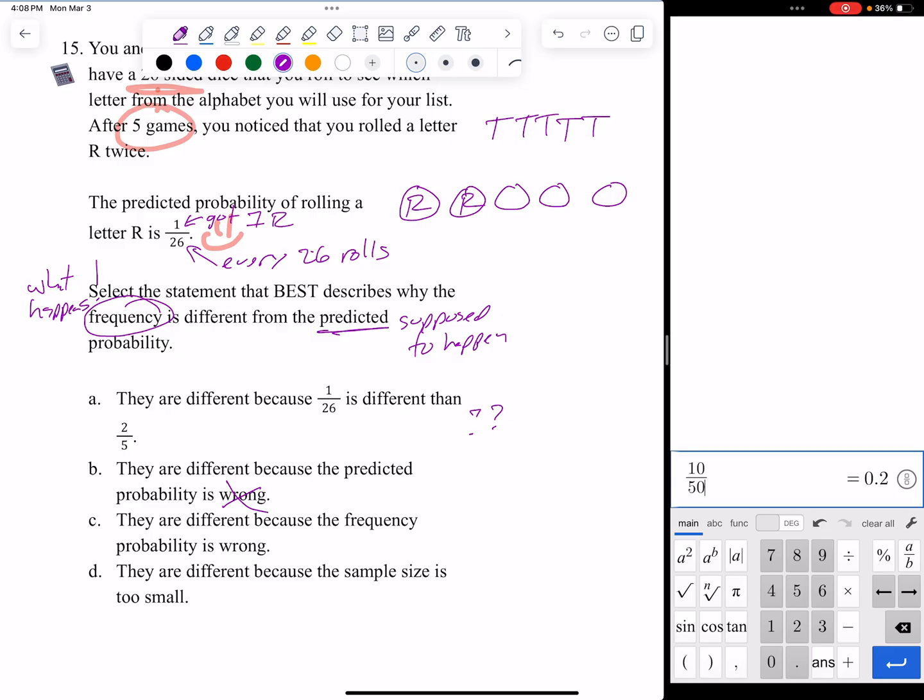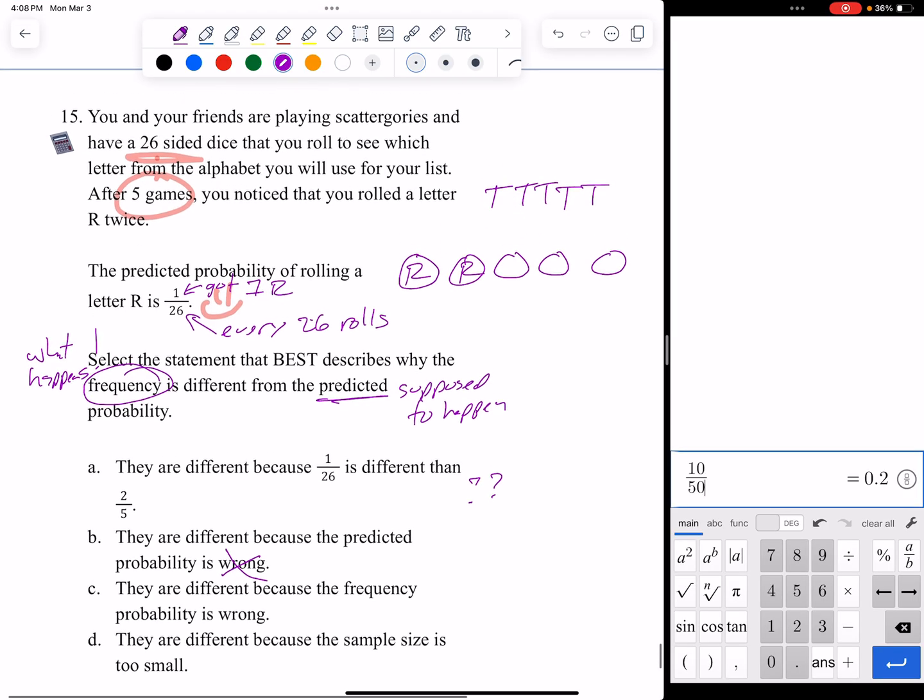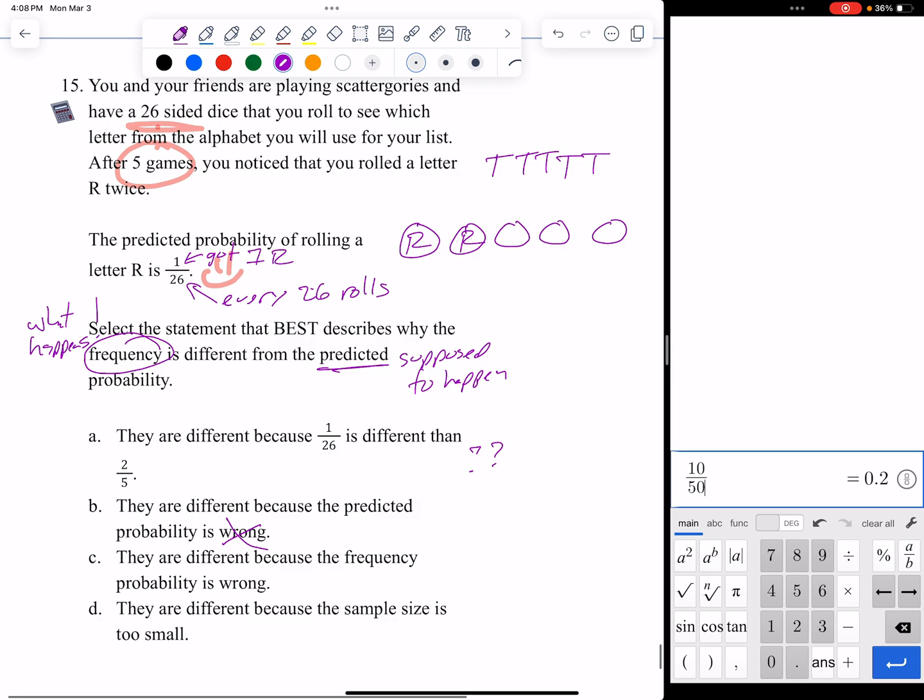They didn't give me the frequency probability. That doesn't say anything. The frequency probability, just like the one earlier today, the 1/4 and 1/4, right? Well, this is 1 out of 26, and this is 1 out of 26. Okay? All right, so that's wrong.